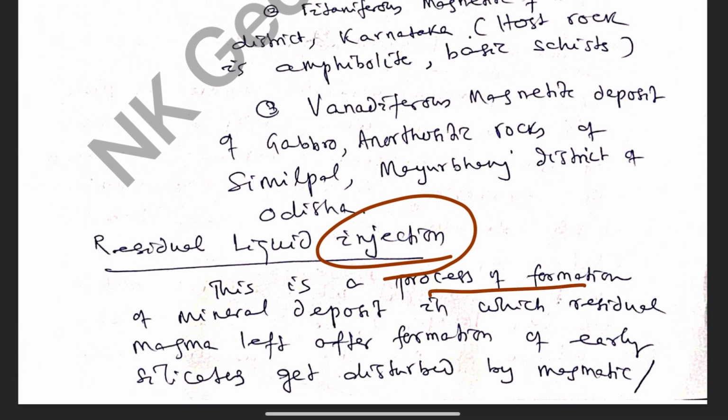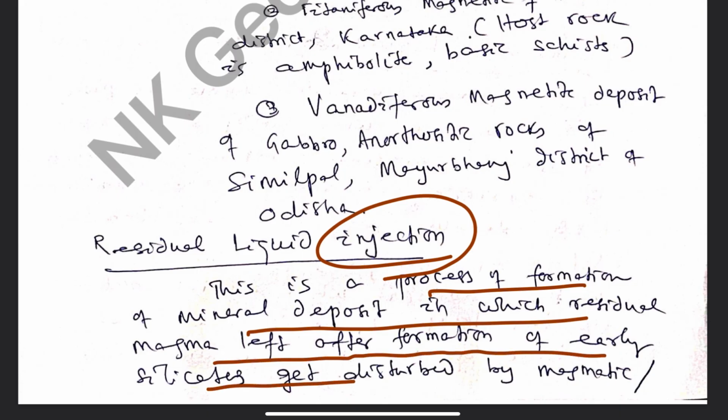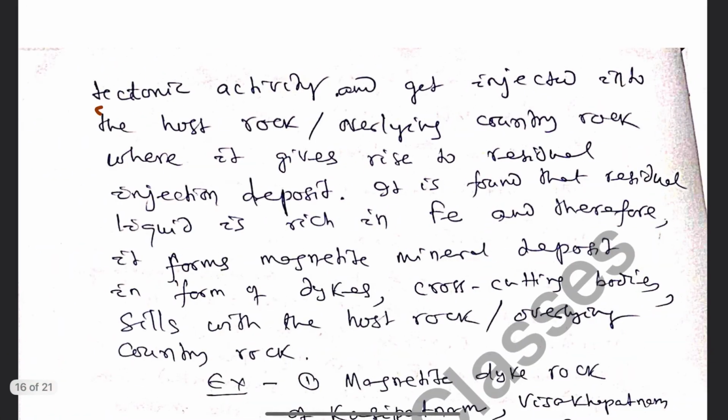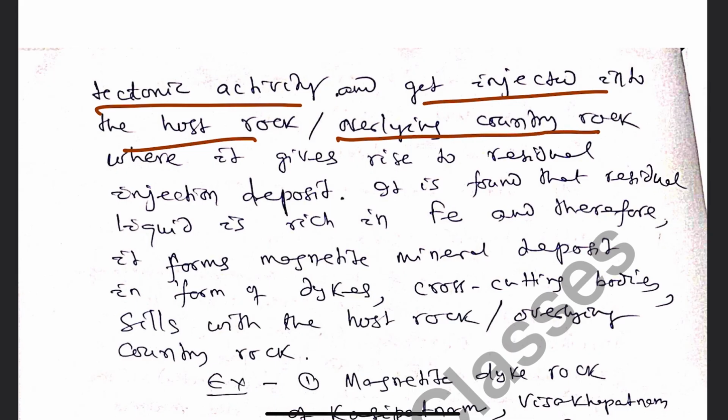So this is a process of formation of mineral deposit in which the residual magma left after the formation of early silicates gets disturbed by magmatic or tectonic activity and gets injected into the host rock or overlying country rocks, where it gives rise to residual injection deposit.